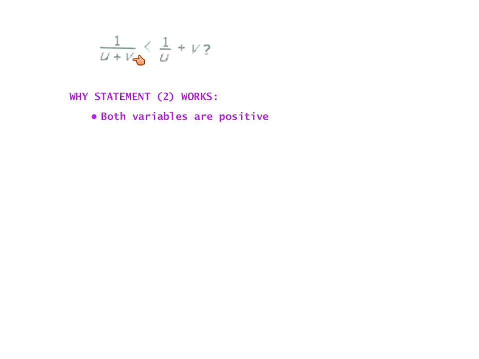So therefore, this is going to be bigger than that. You can think of 1 over u plus v as 1 over a bigger number, and 1 over v is 1 over a smaller number, because u plus v is bigger than v.